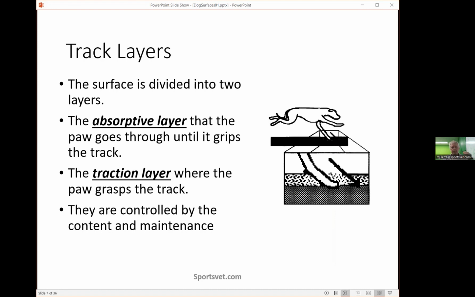There's a part of the surface where the paw actually enters the racing surface. Then at some point it stops and gets traction. So we have an absorptive layer and a traction layer. And the contents of the surface, management of those contents, and the weather around that surface all play a role in those two layers and how they're formed throughout the racing surface.